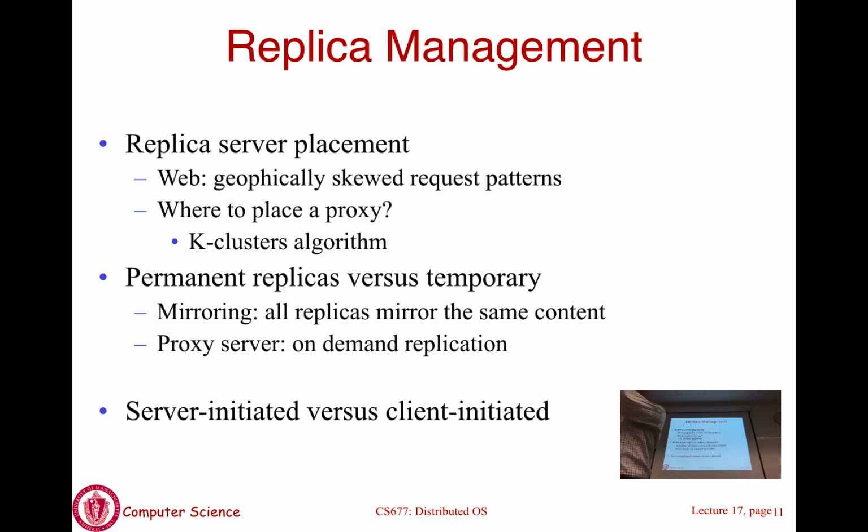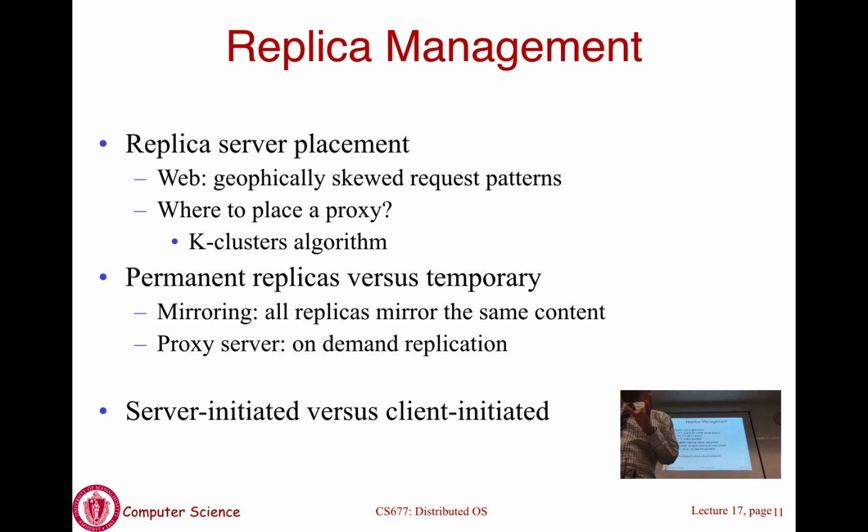If you suddenly start seeing more requests for a web page coming from a certain geographic region, maybe there is a news story that broke that is specific to a local region, there's more local interest there. So then maybe you dynamically put a replica copy of that web page in that location. Okay, that's essentially client initiated replication. Server initiated says that the server actually has to decide where to put the replica.